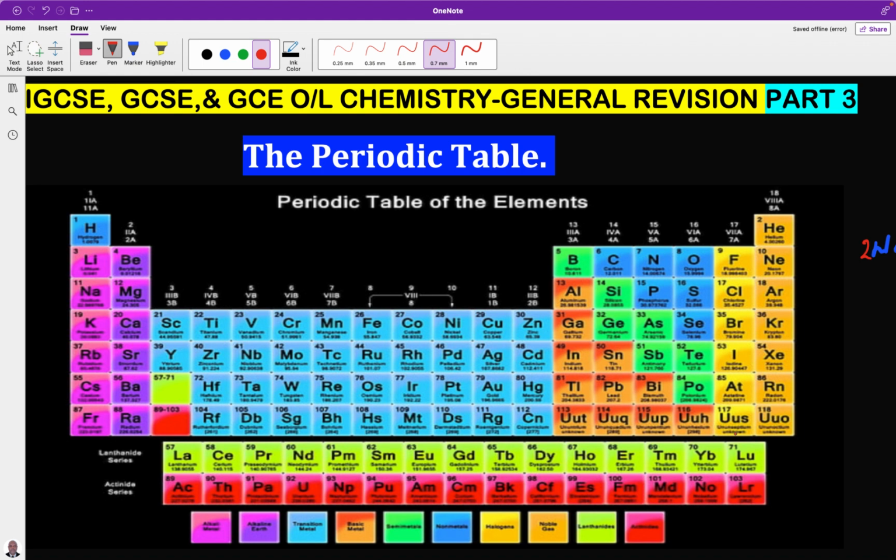Iodine in that order. So only chlorine, bromine, and iodine we are going to be dealing with, as specified by the syllabus.